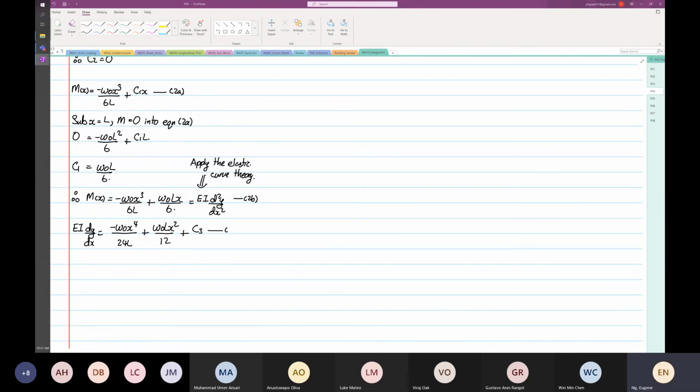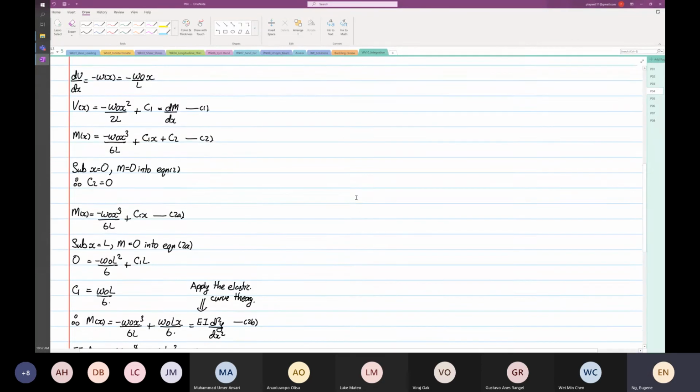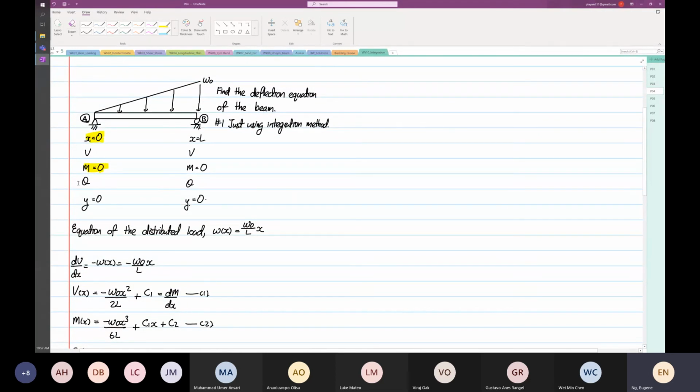So now this is our equation number 3. If we go back, can we solve for C3 now? The answer is no, because we don't know any of our slope.